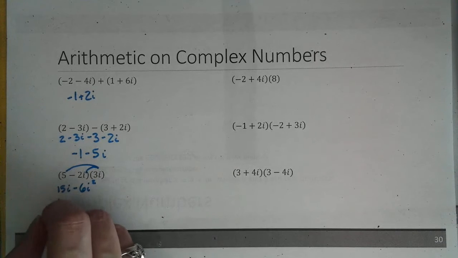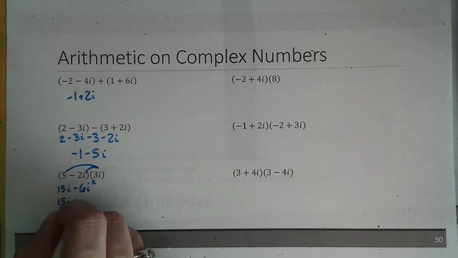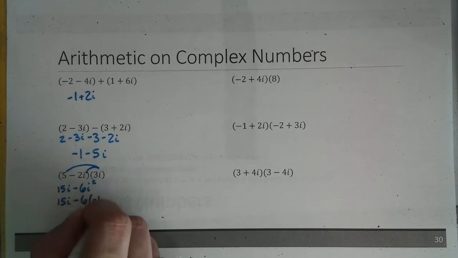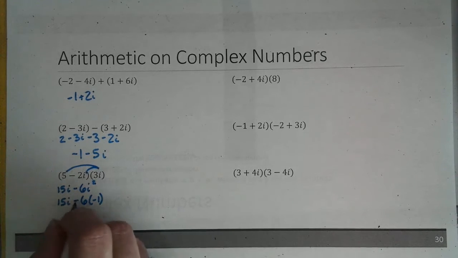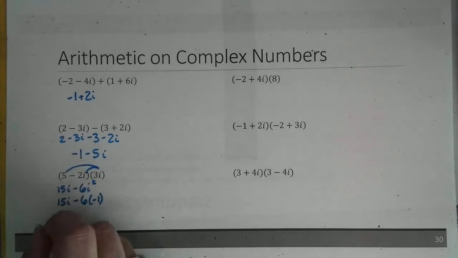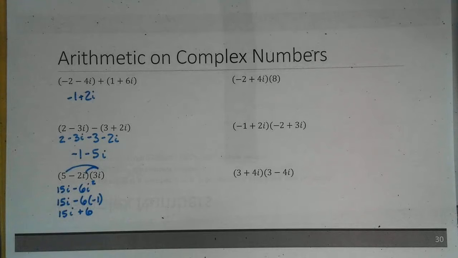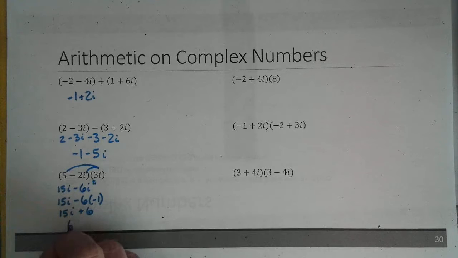So let's make that switch. We have 15i minus 6 times -1. Since -6 times -1 is +6, this is 15i plus 6. But it's standard to write the real part first, the part without the i. So I'm going to rewrite this as 6 plus 15i.